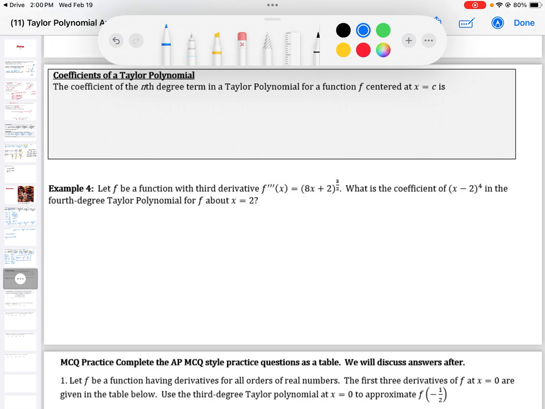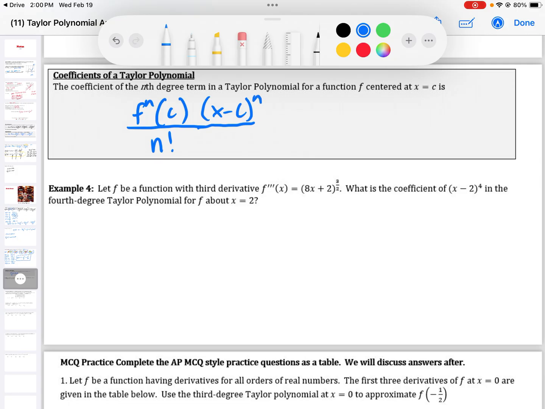Okay, next one. This is something I don't remember, so I would just have to write out that general form of the Taylor polynomial. But it says, this is a little shortcut: the coefficient of the nth degree term in a Taylor polynomial for function f centered around x equals c would be the nth derivative evaluated at c over n factorial.